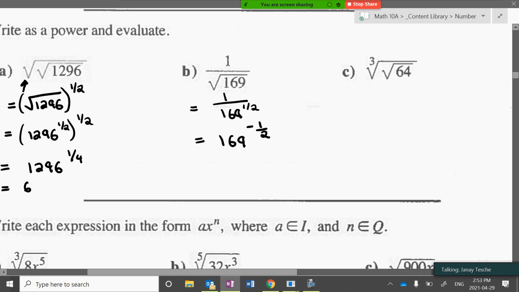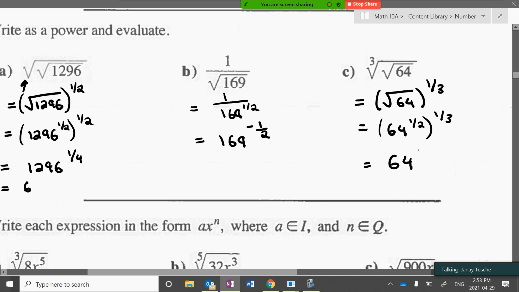So I'm first going to deal with the cubic root, which is then to the power of a third. Square root of 64 is really 64 to the power of a half. And then all of that is to the power of a third, which I can multiply those exponents, which gives me 64 to the power of a sixth.